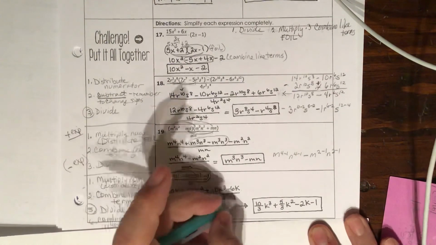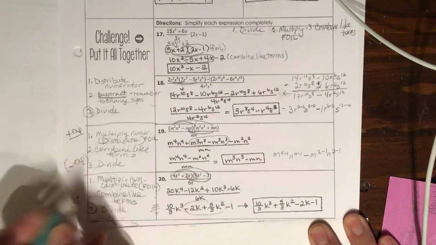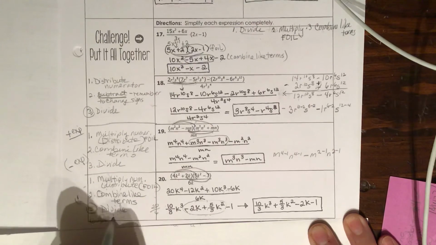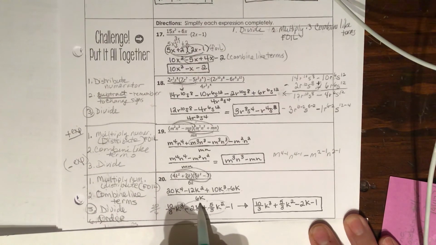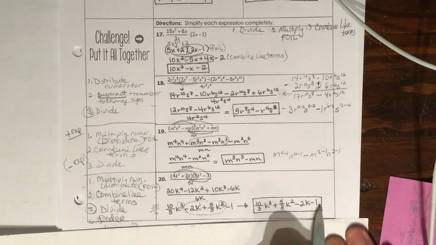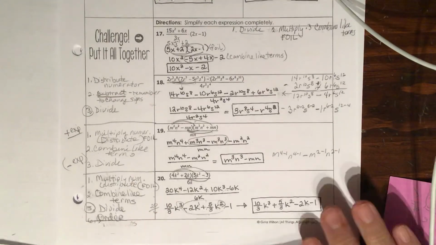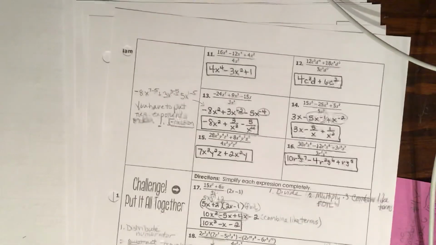Oh, you're not combining like terms, you're putting it in the right order. You have to order these. So this is a 3, and this is a 1, and this is a 2. So you need to put the 2 first, then the 1, and then the 1. Sorry about that.